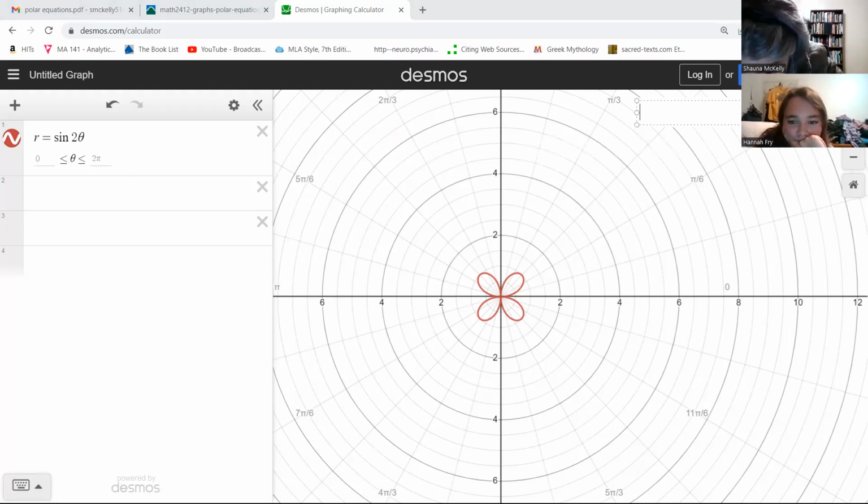This is pi over 4. Remember they're 90 degrees apart, so take 45 and add 90. How much is it?